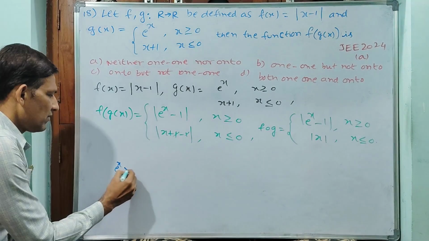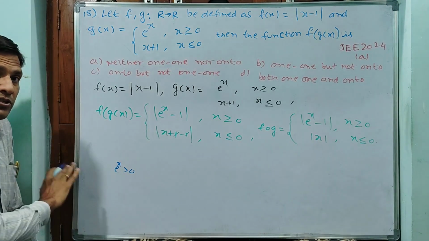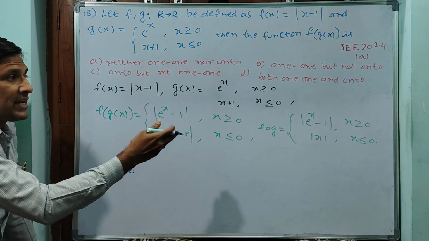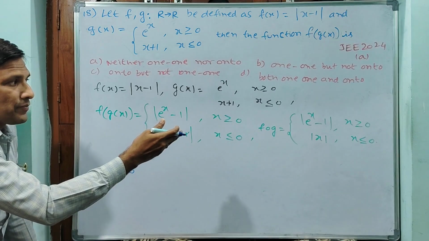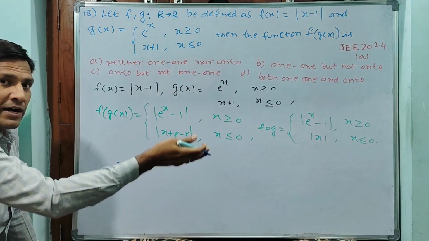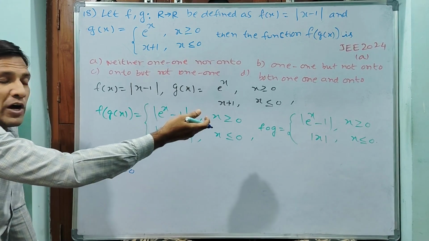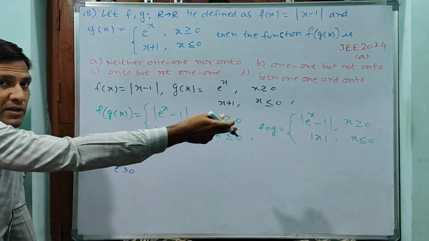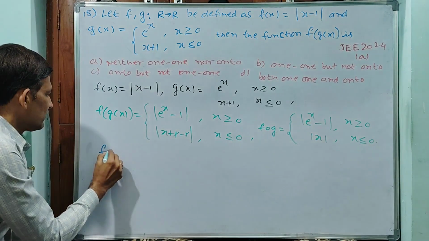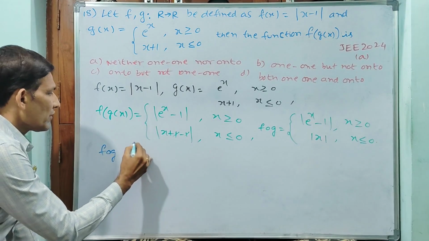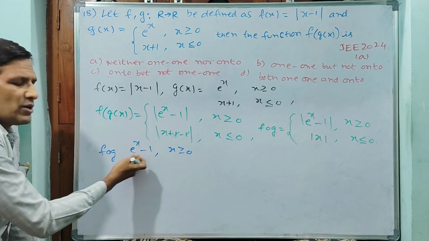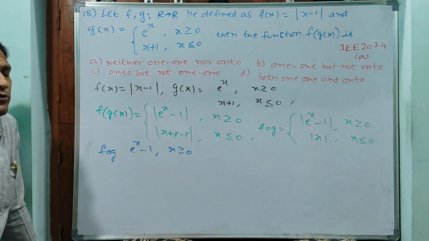It is not even equal to 0. Even if you give 0, e power 0 is 1, 1 minus 1 is 0. So you shall write f of g as e power x minus 1 when x is greater than or equal to 0, because I need not keep modulus; anyway it is going to become a positive function.